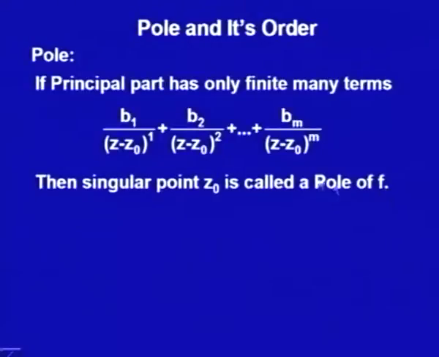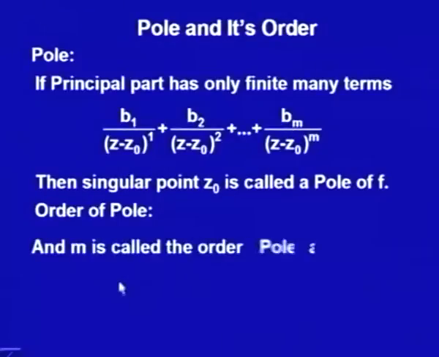Now, so we have isolated singularities, and I have given one more term, pole. We call it a pole if the principal part has finitely many terms only. And if b_m is not 0, then we call this a pole of order m. So, m is called the order of the pole at z equal to z naught.